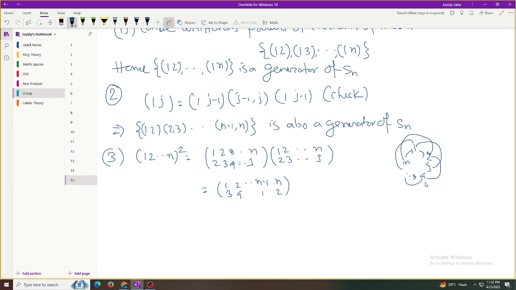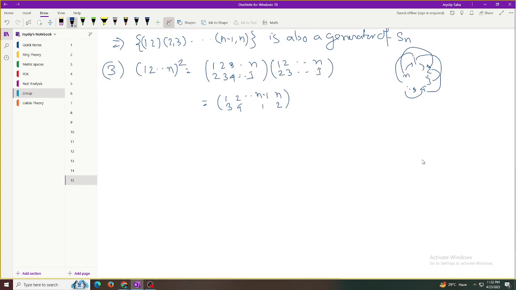So this is your thing. You can check that (1 to n) to the power k, what is this? 1 goes to k plus 1, right?